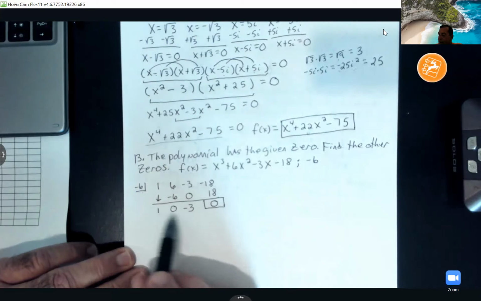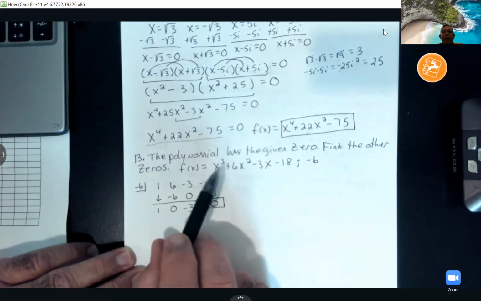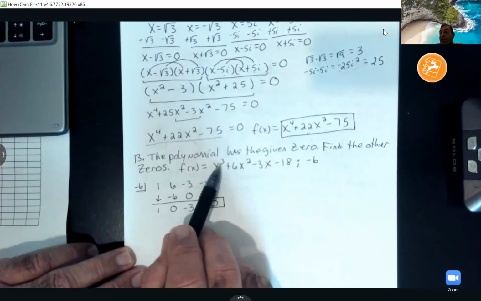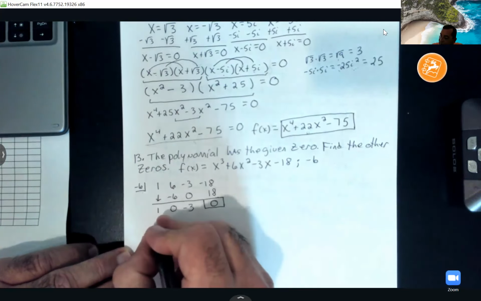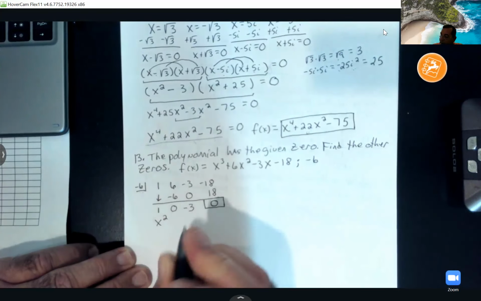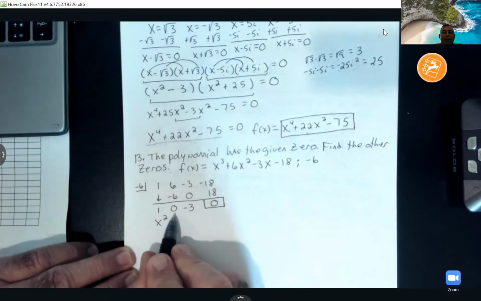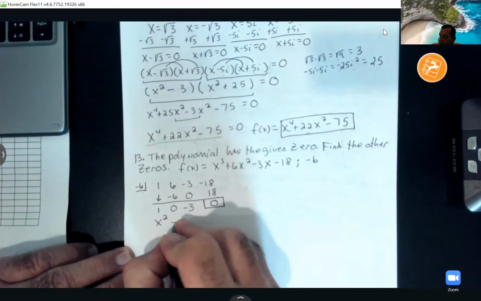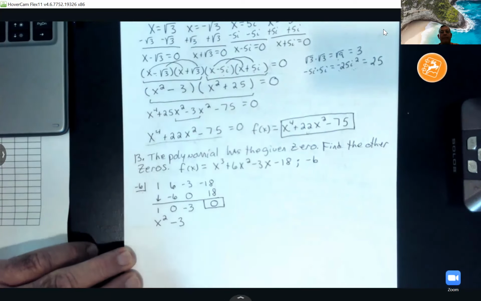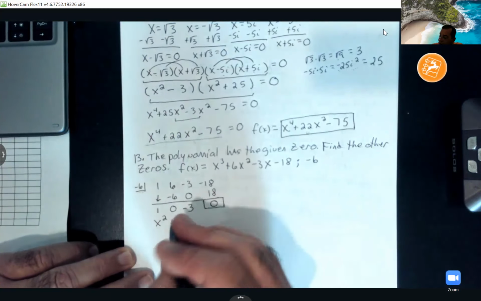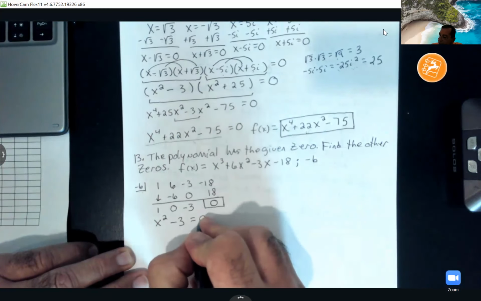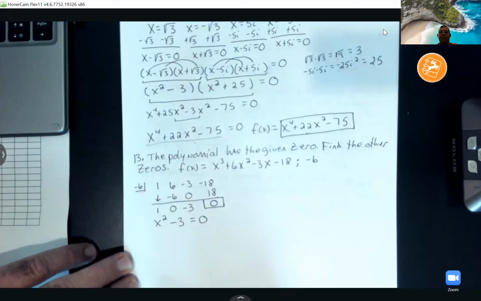Now, these are the numbers I'm worried about. If you used to write this as a polynomial, since that was an x to the third, this is going to start 1 degree less. So that means I got 1x squared plus 0x minus 3. So there's the numbers I'm going to use, and I'm going to set that equal to 0.